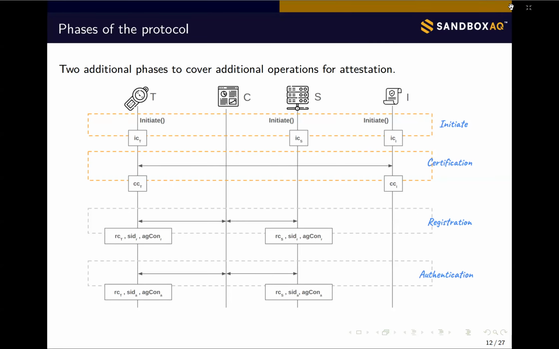It is an extension of previous works where we added two new phases: an initialization phase, where the different participants of the protocol run their initialization algorithm and at the end store some information locally, and a certification phase, where the authenticator and the issuer interact and after that also end up with some local information. The other two phases are the same as in previous works: the registration phase, where the authenticator, the client and the server interact, and the same for the authentication phase. Of course, there is always part of the local state that is kept.